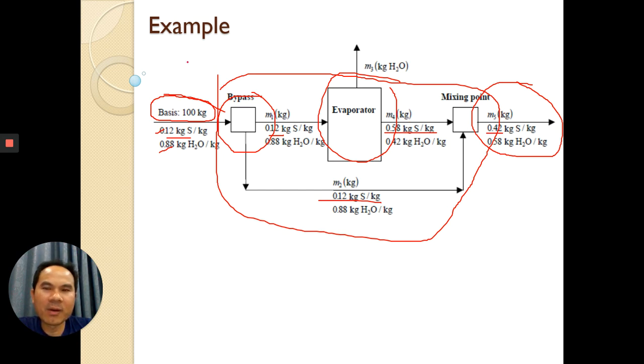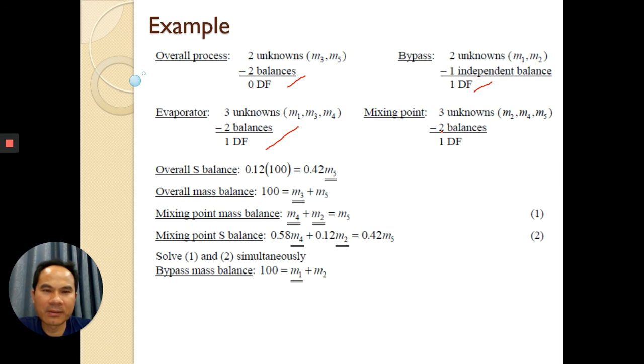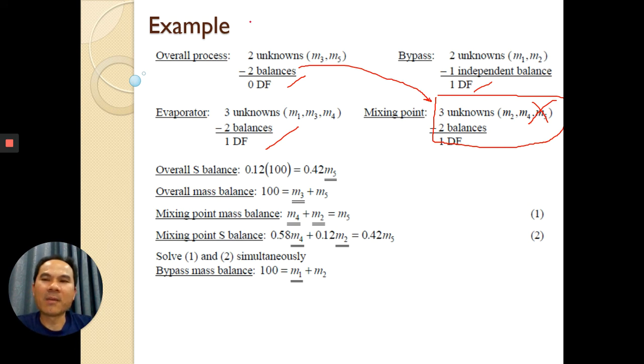Based on the overall balance, you know M5, so the unknowns are M4 and M2, and with two balance equations you can solve for that, giving 0 degrees of freedom. From the overall balance you know M3 and M5. You have only two unknowns, and you get 0 degrees of freedom.